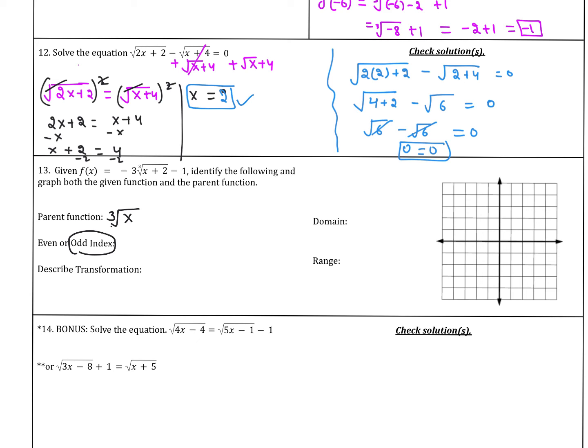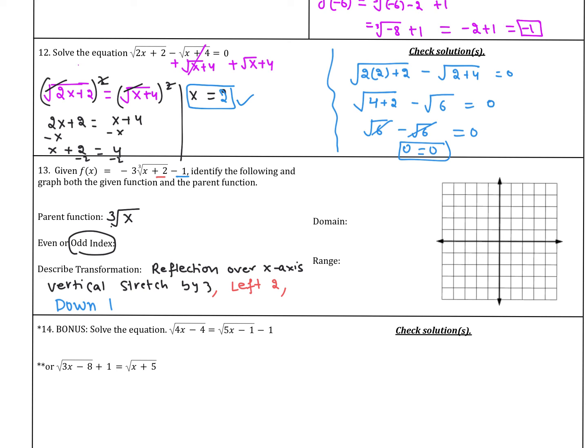The transformation is a reflection over the x-axis, a vertical stretch by 3, left 2, and for the negative 1 outside, down 1.